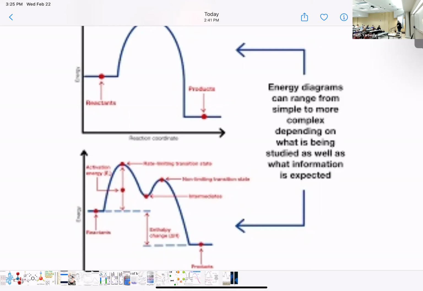Now, these points along the way do have names. The top is going to be considered a transition. Literally, the molecule is in a transition phase as it is undergoing the reaction.